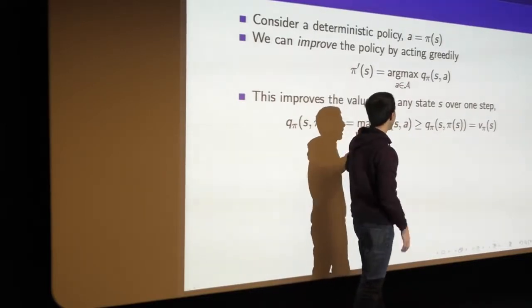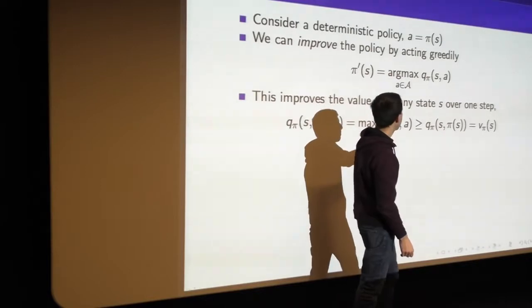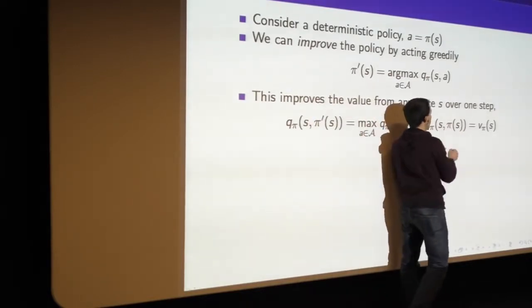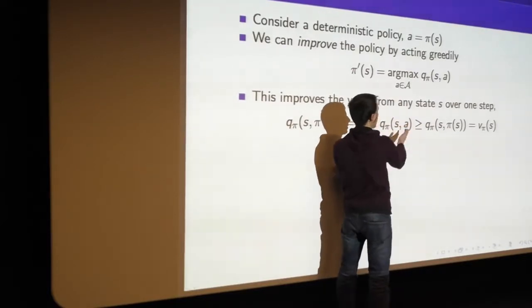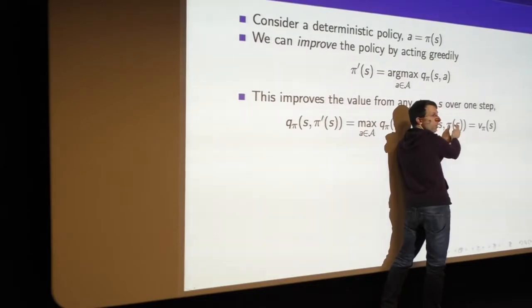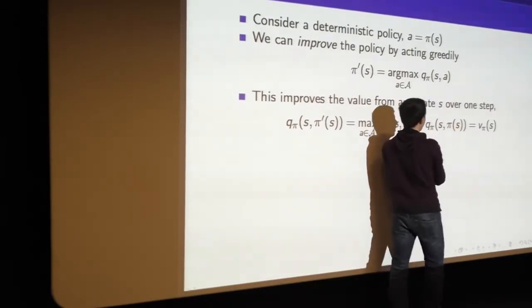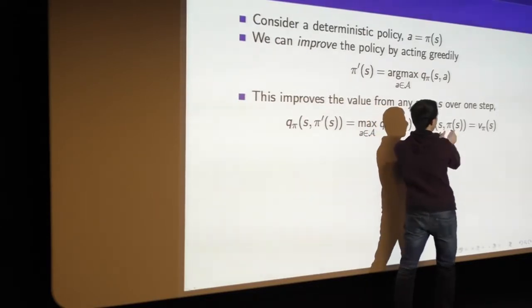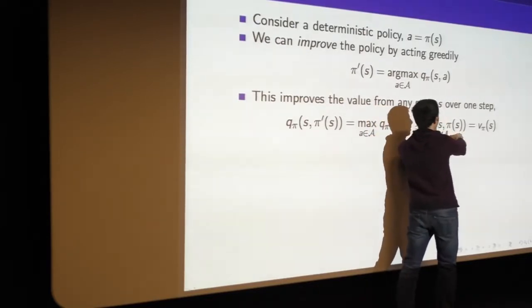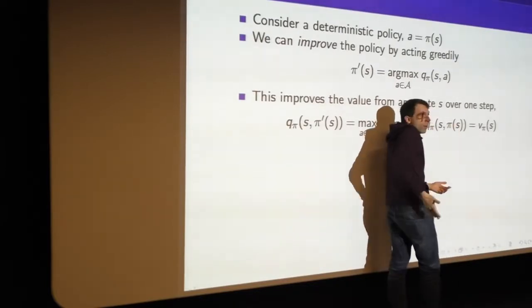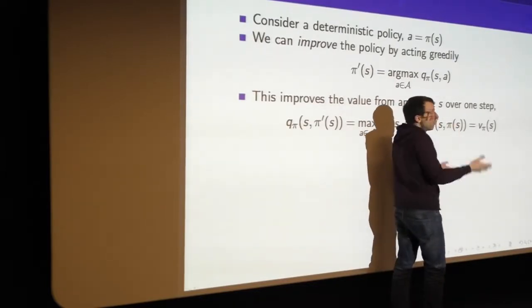And the max over the Q pi's has to be greater than or equal to one particular Q pi. The max over all actions has to be at least as good as one particular action that we could plug in, which is the one we were choosing before. That's the value if we take policy pi for one step, and then follow policy pi forever after, which is the same as following policy pi all along.